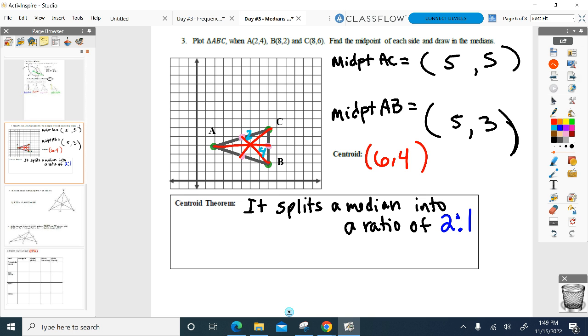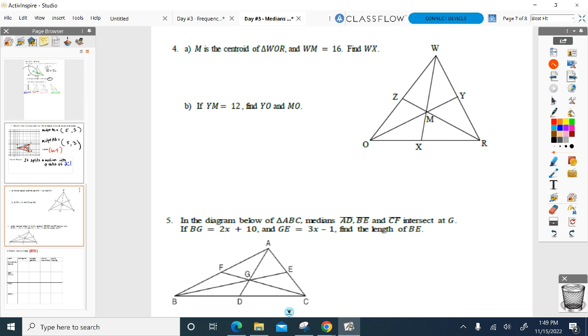All right, let's apply it. WM is 16. M is the centroid. What's WX? Notice what I'm looking for. I'm looking for WX, which is the median now.